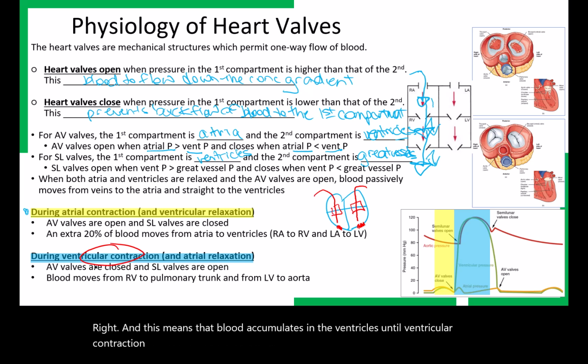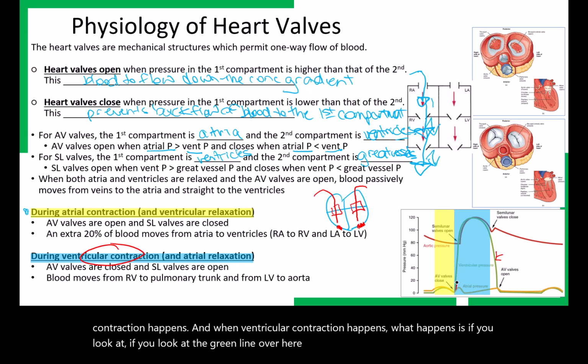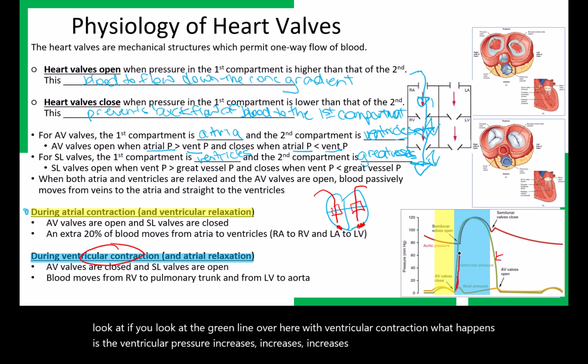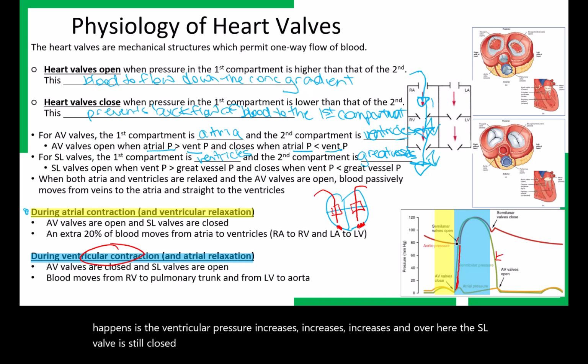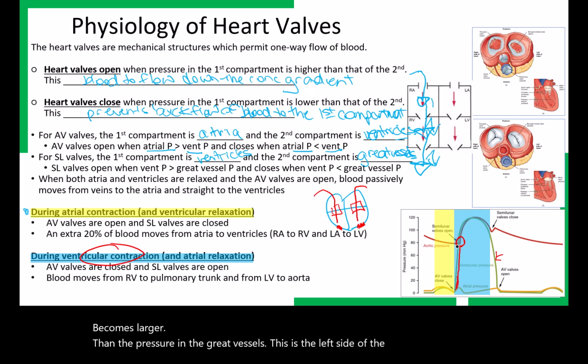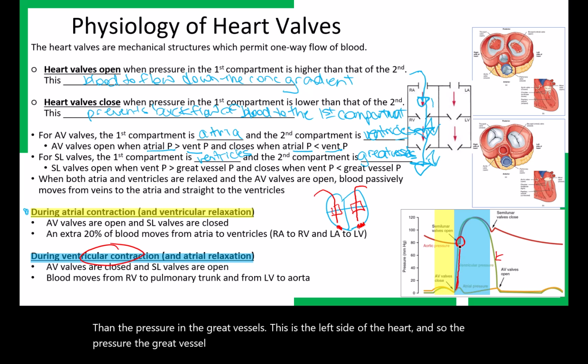And when ventricular contraction happens, if you look at the green line over here, the ventricular pressure increases. And over here, the SL valve is still closed until the ventricular pressure becomes larger than the pressure in the great vessels. This is the left side of the heart, and so the great vessel in this case is the aorta.